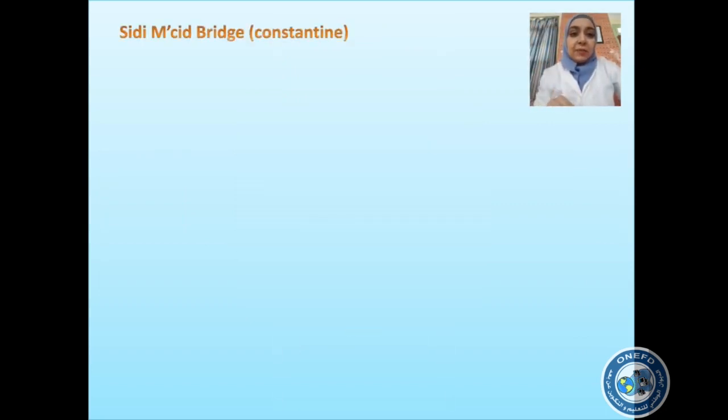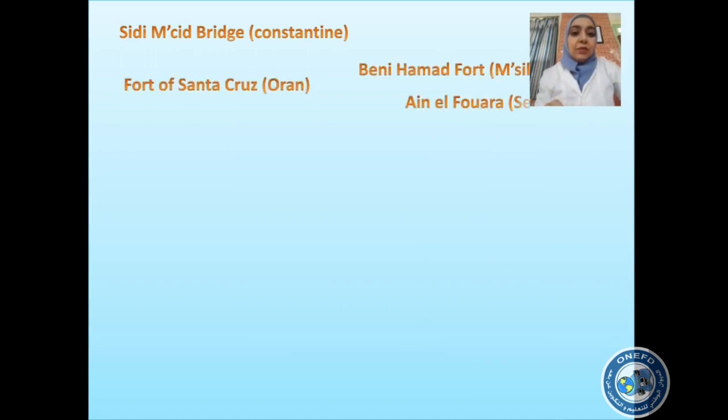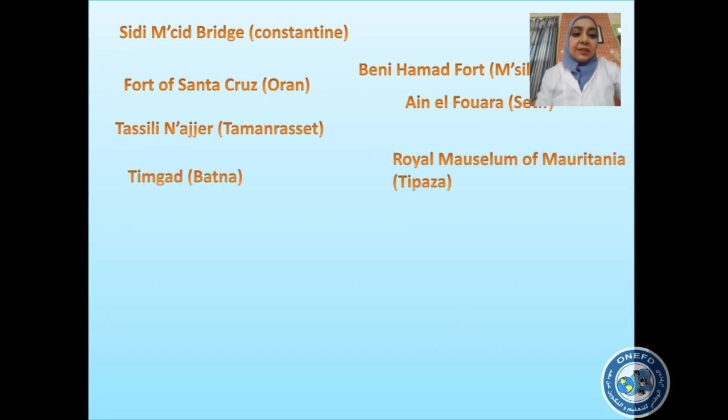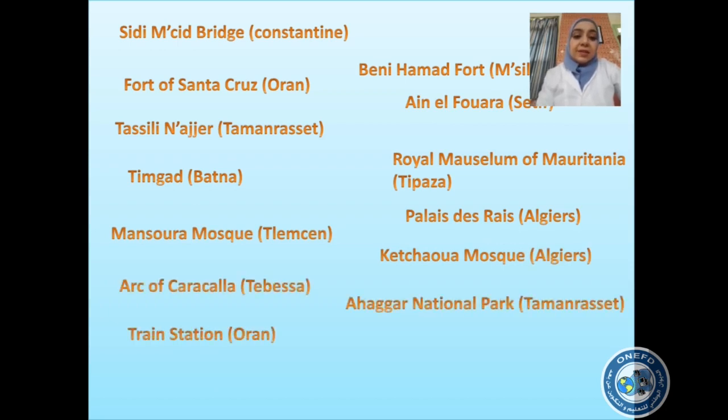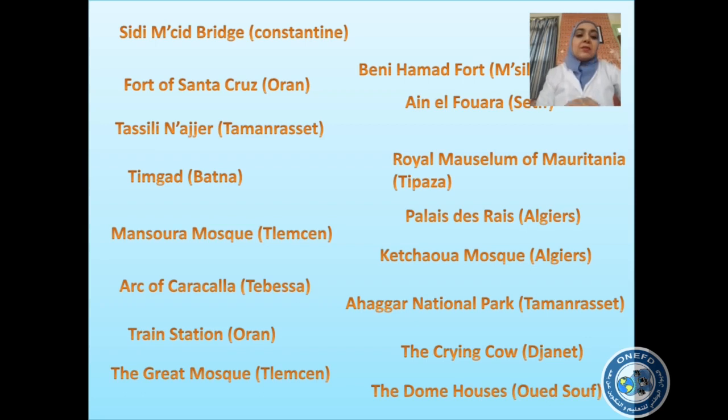Here I remind you of the landmarks. Sidi Msid Bridge, Bni Hamad Fort, the Fort of Santa Cruz, Ain Fawara in Stif, Tasil Najar in Tamanrast, Royal Mausoleum of Mauritania, Timgad, Palais de Rais, Mansoura Mosque, Ketchaoua Mosque, the Arch of Caracalla, Ahaggar National Park, train station, the Crying Cow of Djanet, and the Great Mosque of Tlemcen, the dome houses in Wed Souf.